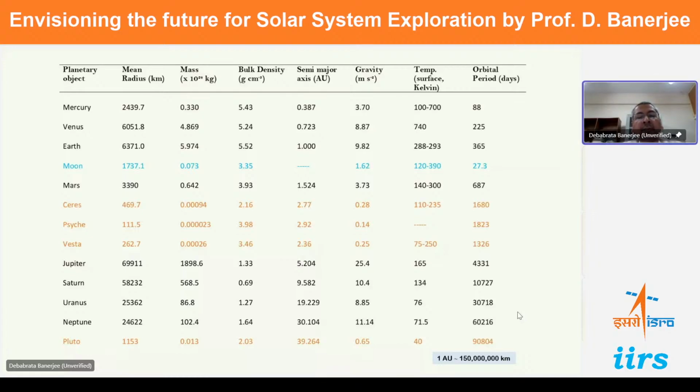And you can see a difference in density, whereas for the ice giants, you have Uranus and Neptune. And also there is a difference in the mass of the inner and the outer solar system bodies.